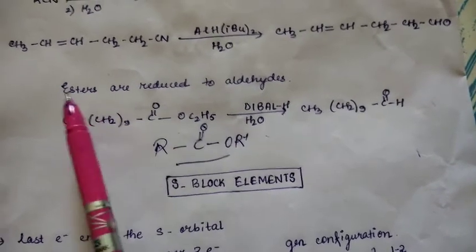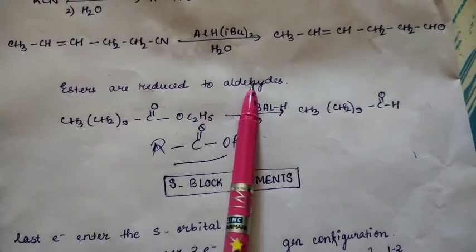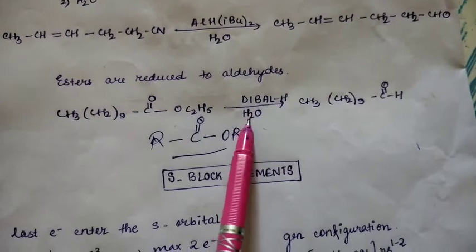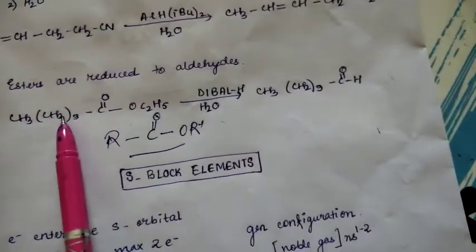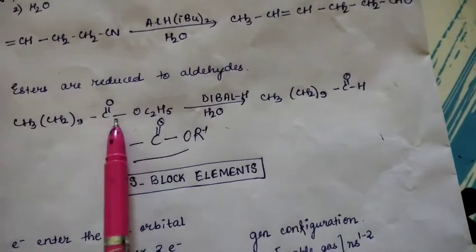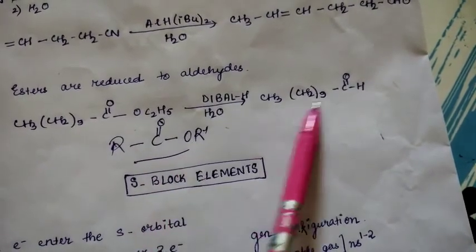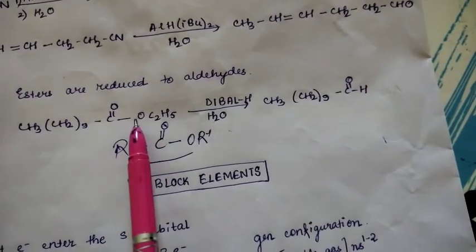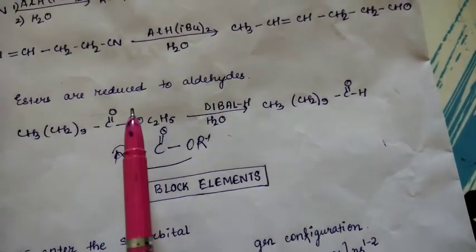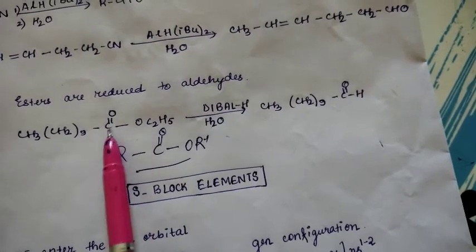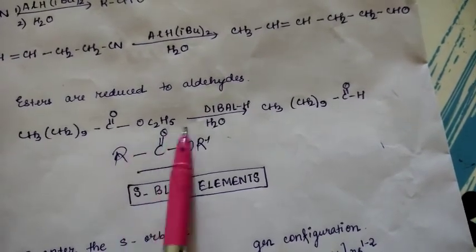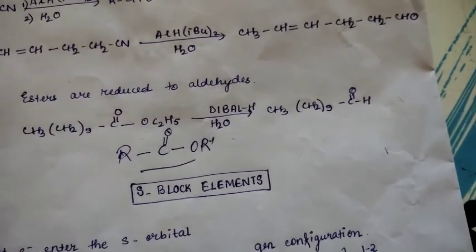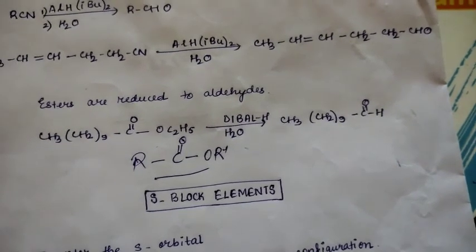That is why we are saying that from esters we can get aldehydes by reducing them. This is a reducing agent, so it is used here. The alkyl part will remain the same. This part is changing to C double bond O H. You see, C double bond O is required in an aldehyde, and what is left? H is left, right? So this is replaced by H. Like that, if you remember, it becomes easier to remember the reactions.